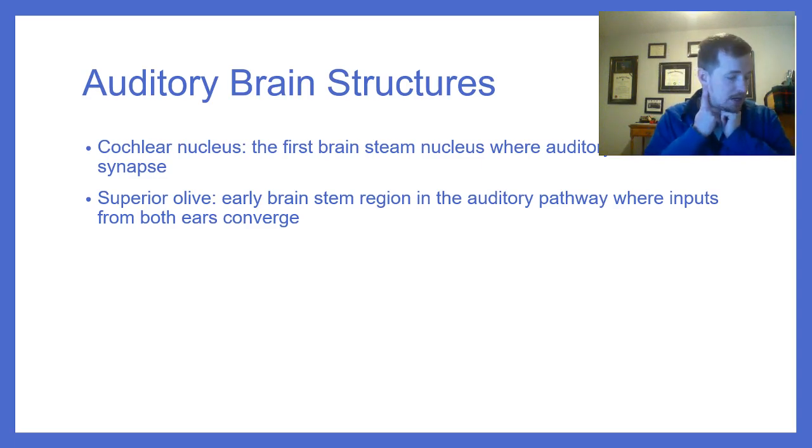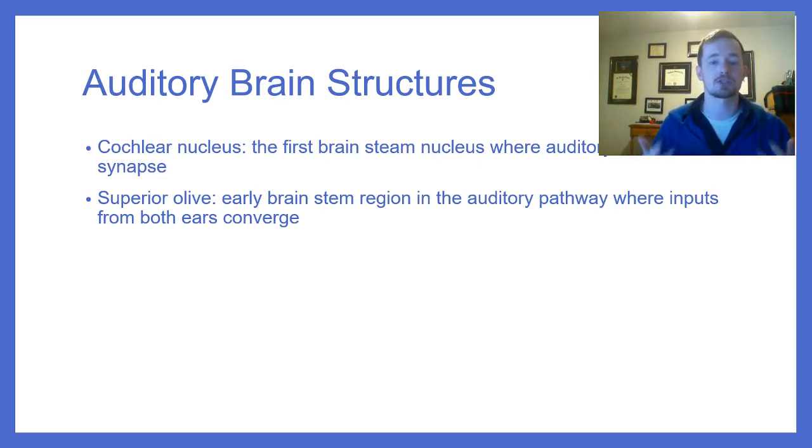Whenever that happens, we need to make sense of where exactly that sound is coming from, and what one ear is hearing versus what the other ear is hearing. Or, to think about it another way, you could have one person talking in one ear and another person talking in the other ear. How do you focus on which voice to listen to? That takes place in the superior olive.